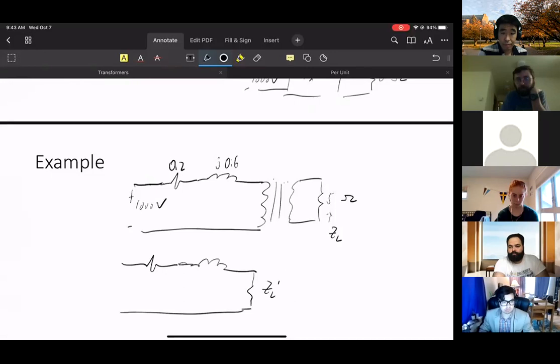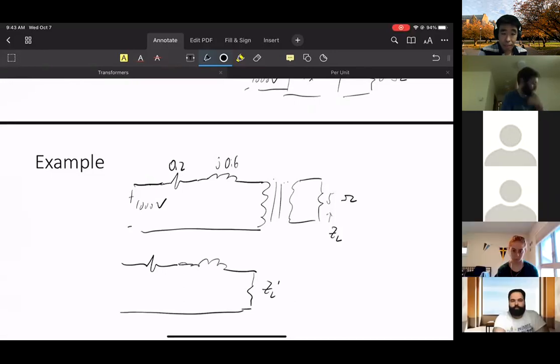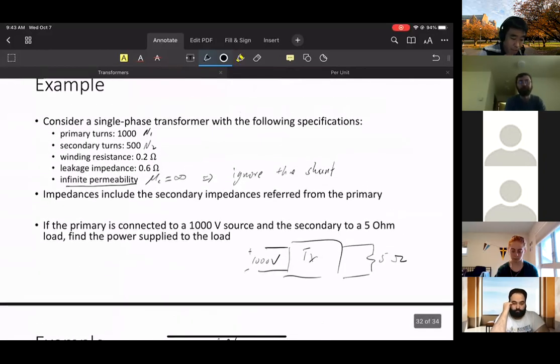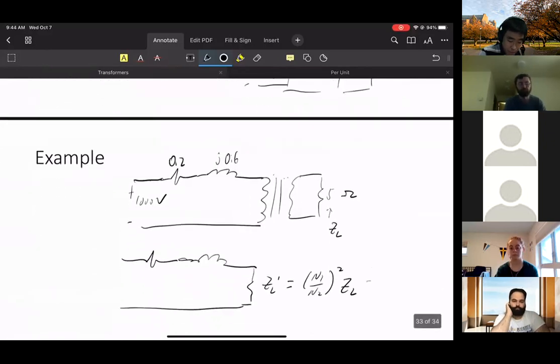R2 prime equals N1 over N2 squared times R2. This is the equation you want to remember, and that's the reason why the question tells us the N1, N2 values. So this is 1000 over 500 squared times 5, which is 4 times 5, 20 ohms.